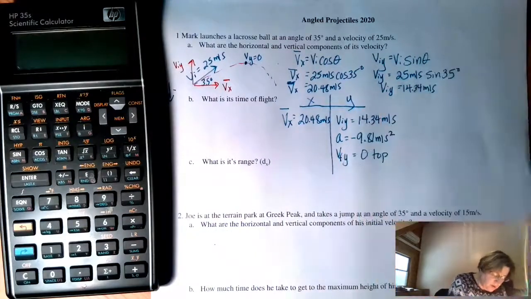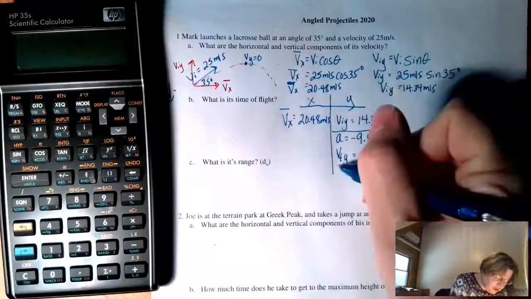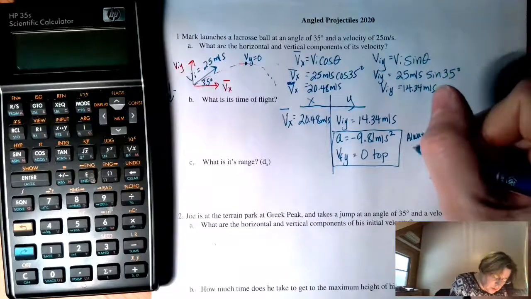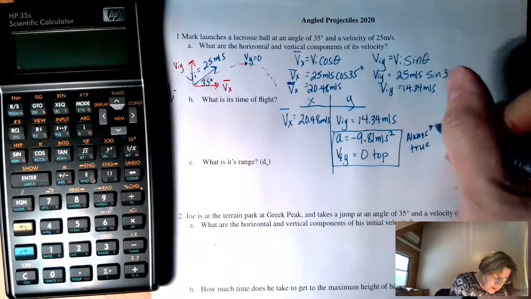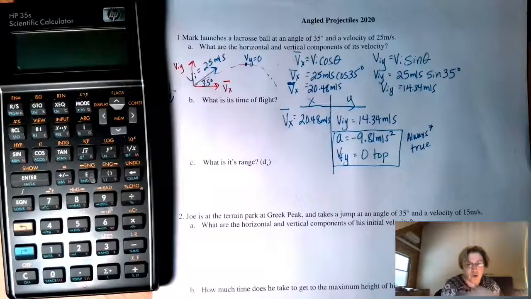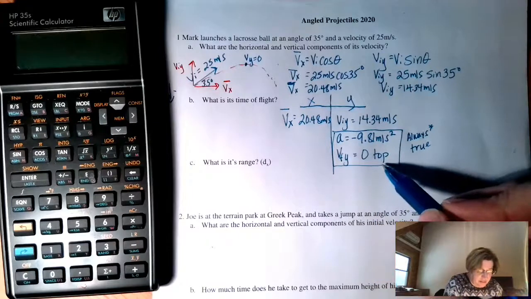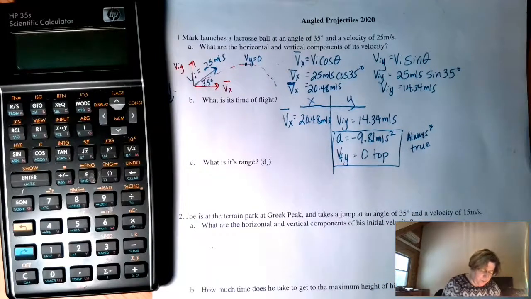These two pieces of hidden information are always true in this class. If you shoot something down at an angle or up at an angle from a height, then the Vy might not be 0 at the top because you're shooting it down, right? But that's beyond the scope of this course.